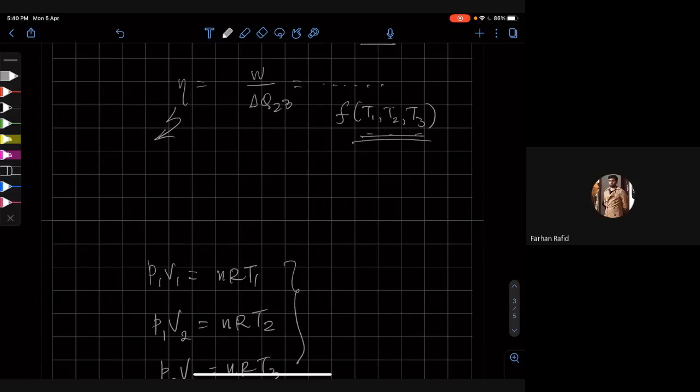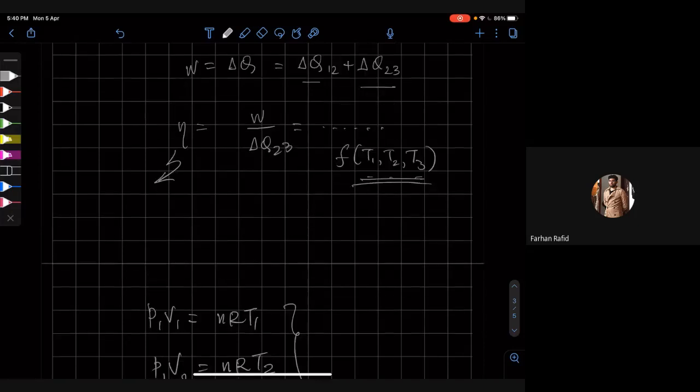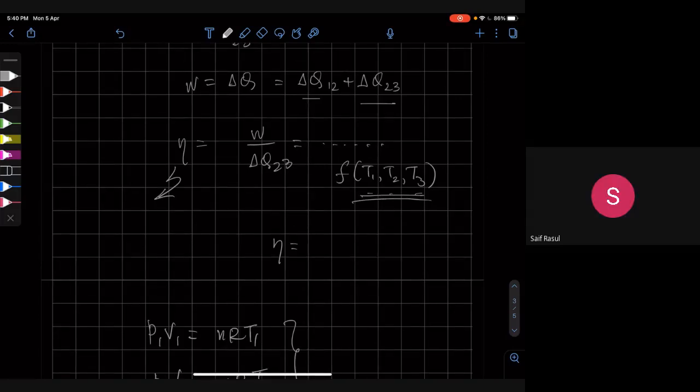Sir, would this work if eta is equal to 1 minus QC by QH? No, eta is Q out by Q in. So this is what you're calling QC, and this is what you're calling QH, right?